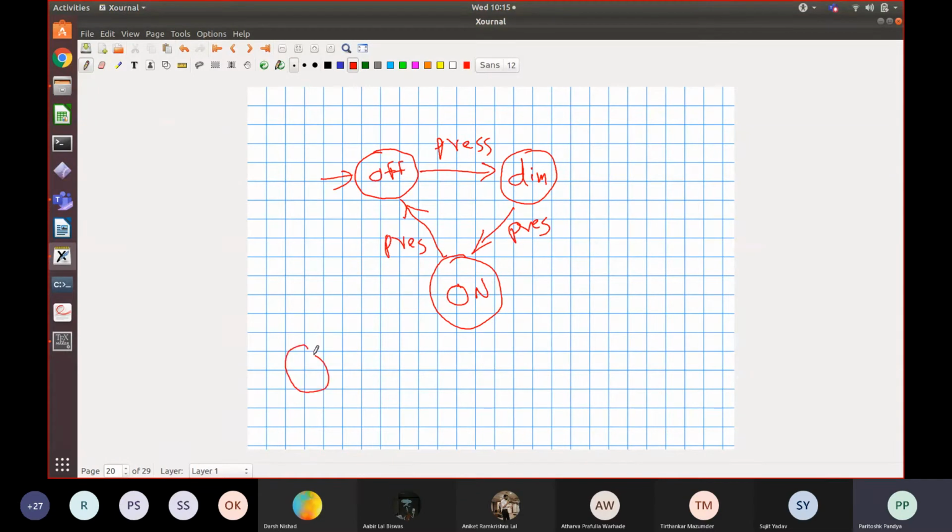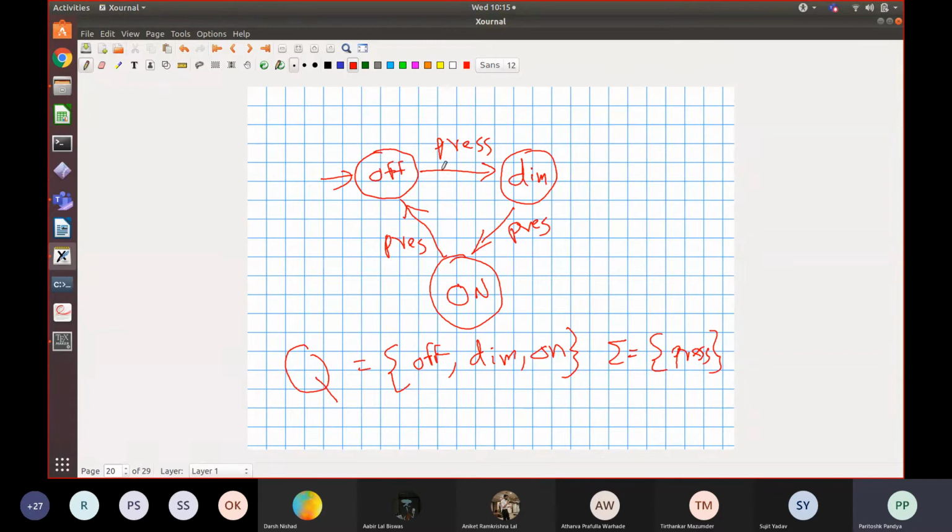So what will be capital Q here? The set of states in which the system can be: off, on, and dim, right, exactly. It has 3 states now. What is the alphabet? Press. A set containing a single letter press. Always a set. Press.